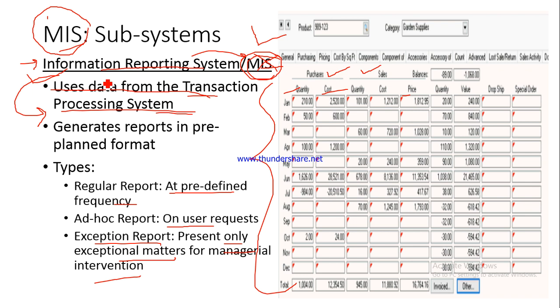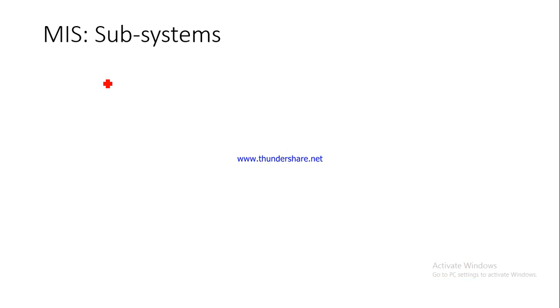Now this is basically a transaction processing system, and if I, as the manager of the depot, make use of all this data collected through different electronic ticketing machines and try to find out which routes are most busy, on which routes there are the maximum number of passengers, then this would be an information reporting system, right? This is fine. Now let us move over to the other subsystems.